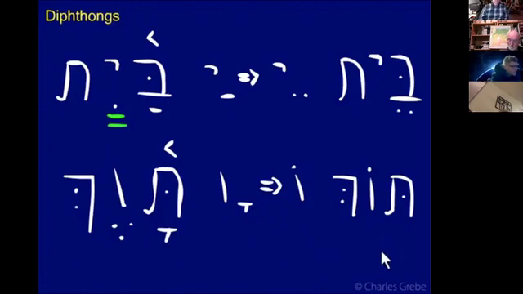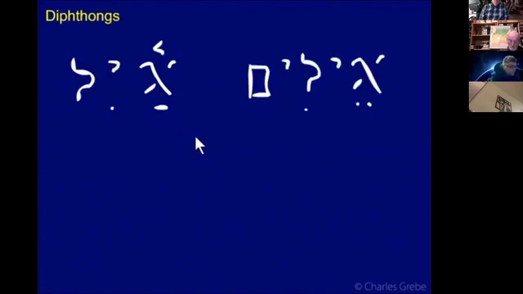Okay, let us look at some examples. Okay. Ayil. Here's an example of the first diphthong. Ayil means ram. Here we have the first diphthong, the patach yud. And if we add a plural ending to it, it becomes elim.